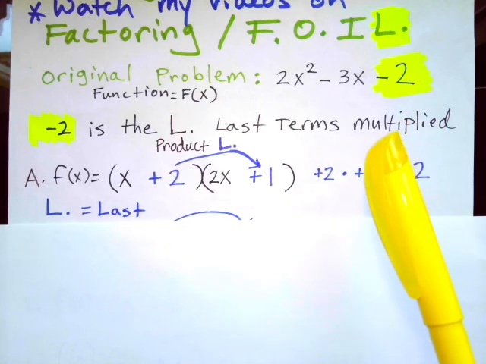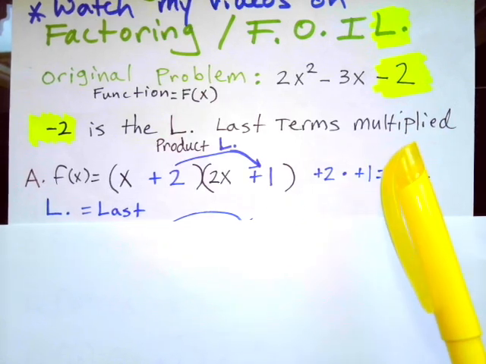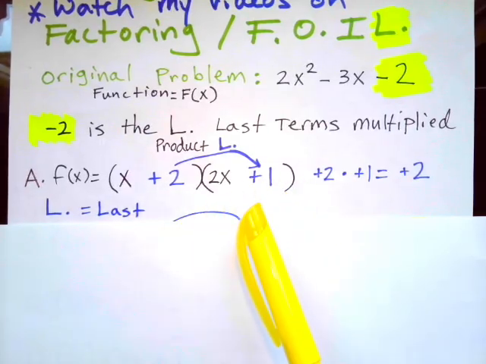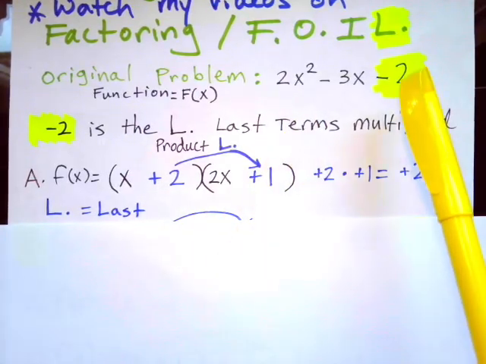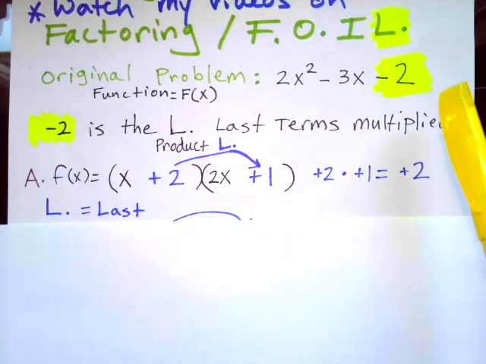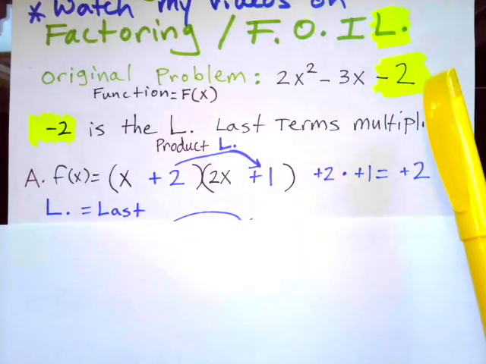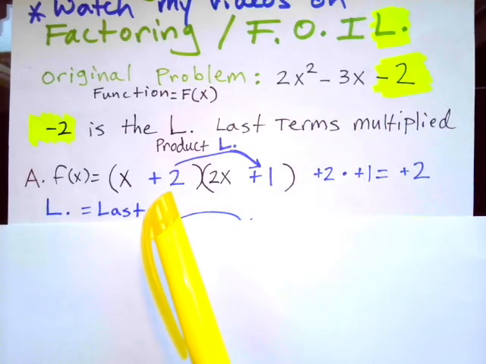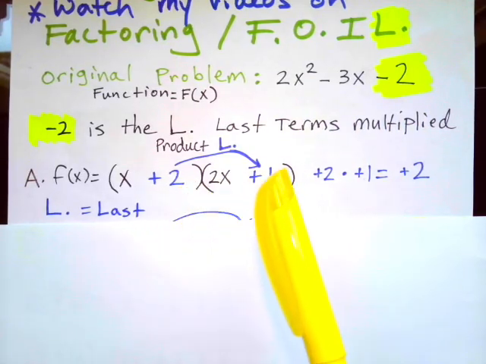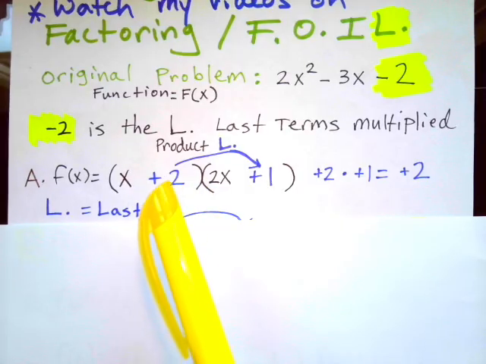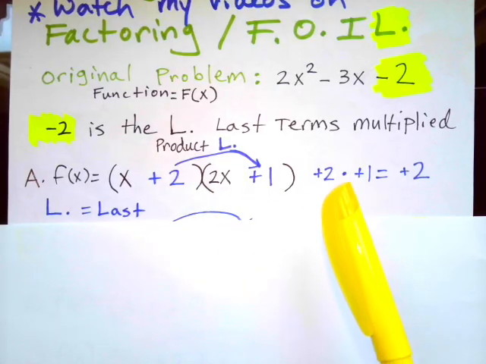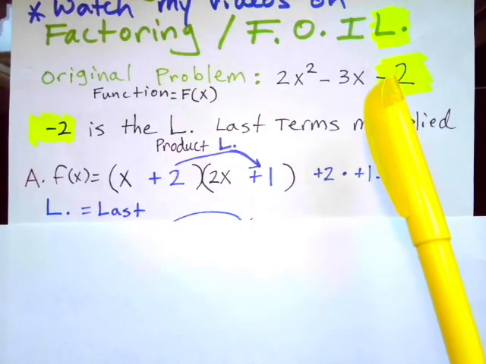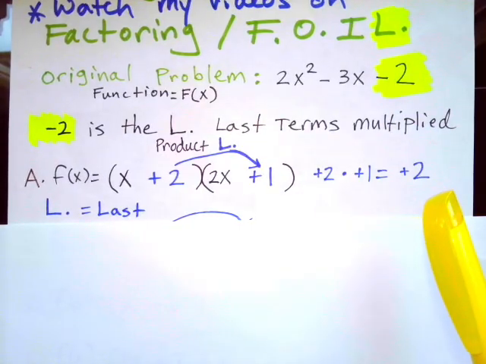If you remember from parts 2 and 3, when we FOILed, our answer B gave us this entire function expression that I'm showing you here. So a quick way to determine A, B, C, D, or E is to multiply those last terms. I know that 2 times 1 is a positive 2. Is positive 2 a negative 2? No, it is not.